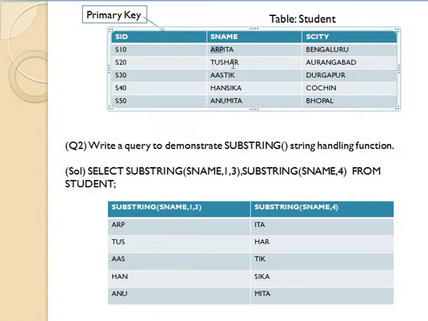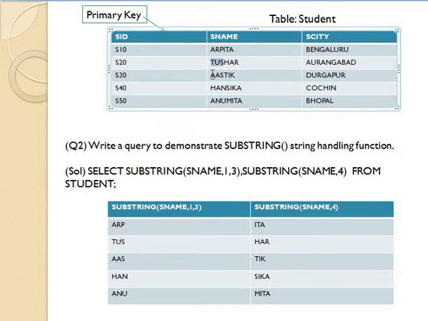Similarly, for the name Tushar, if I extract 3 letters starting from the first letter, then I shall extract TUS from the entry Tushar into the output table.